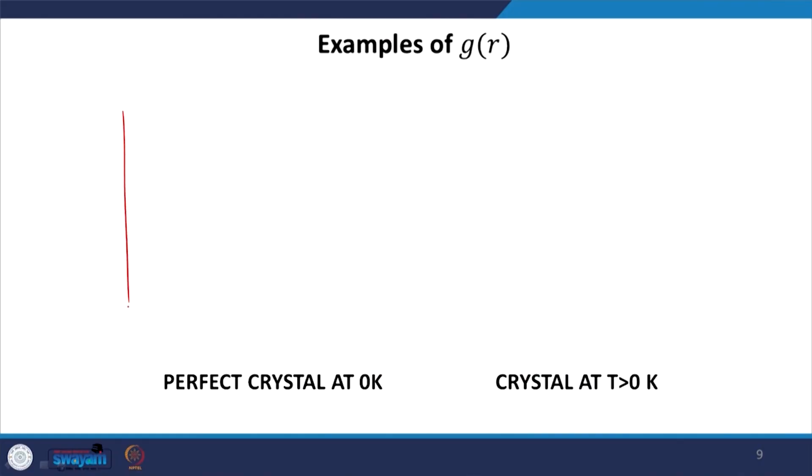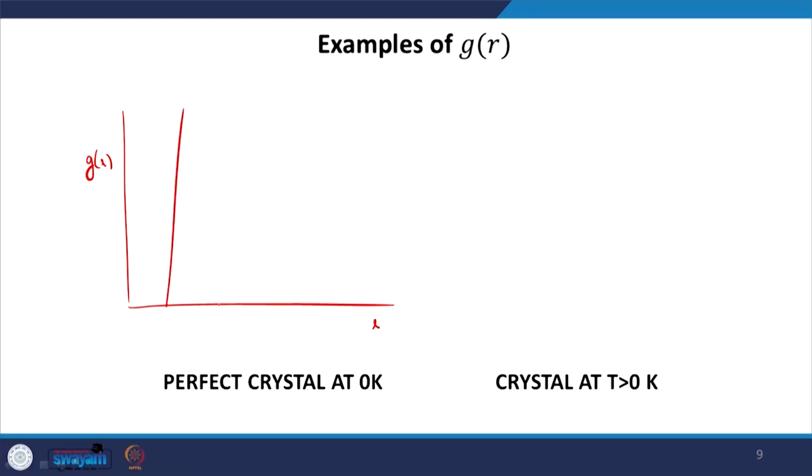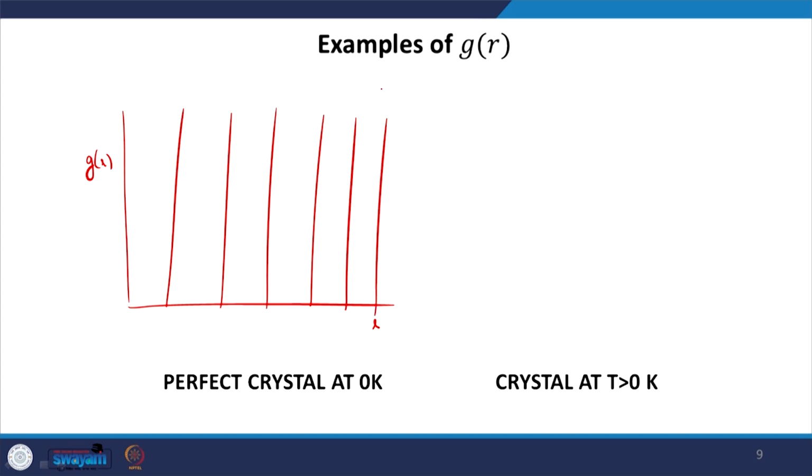But for a perfect crystal, it has to be the case, because there is no vibration taking place. So, the molecules can only be present at certain distances from a particle, corresponding to the lattice spacing. The first neighbor may be somewhere here, second may be here, third may be here and so on. So, there are discrete r locations which are highly probable, and then there is no probability in between, because the molecules are not allowed to vibrate.